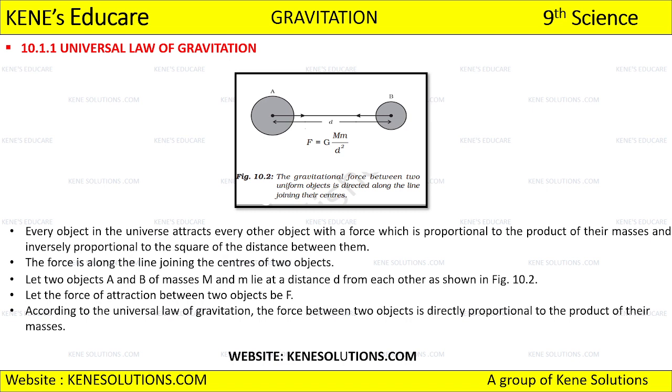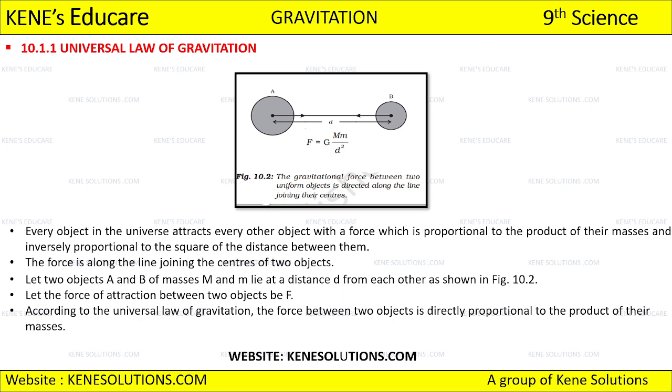So every object in the universe attracts every other object with a force which is proportional to the product of their masses and inversely proportional to the square of the distance between them. The force is along the line joining the centers of the two objects.